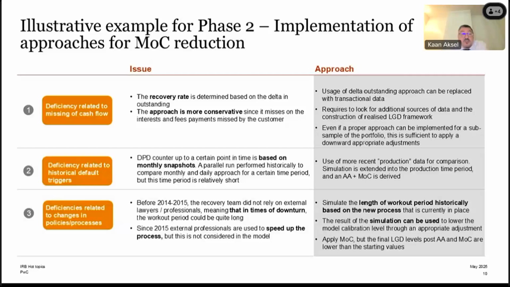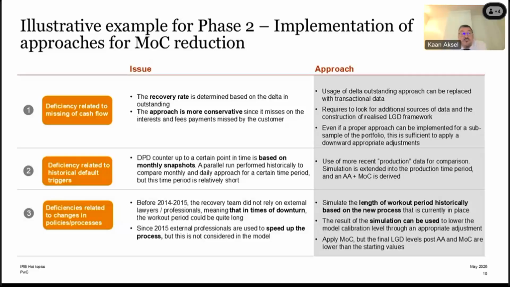And lastly, there could be as well deficiencies related to some changes. In the past, you might have been applying certain rules that might not be in place right now after changes in policies, which obviously might speed up the process. But then again, this might improve the situation with the quality of data, which in return might again have significant positive feedback in the loop.